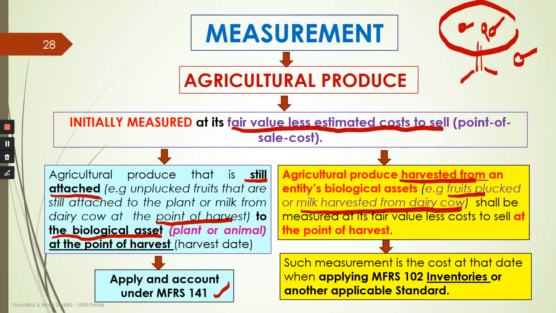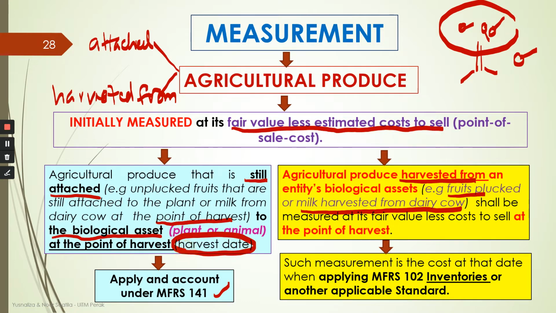So the difference here is you need to see whether it is still attached, or has been harvested, meaning detached from the biological asset. If it is still attached at the point of harvest to the biological asset, that will be using Mfrs 141.